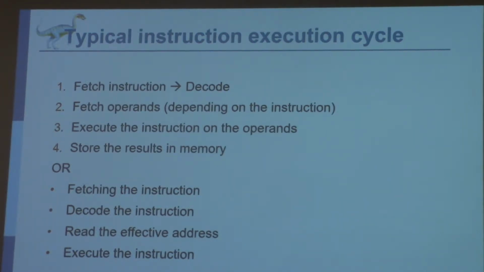You need to first fetch the instruction, then you need to decode, because they are in binary code, decoded by the definition based on the CPU architecture. And sometimes we need to replace an operand by its value. That's called fetch operand.